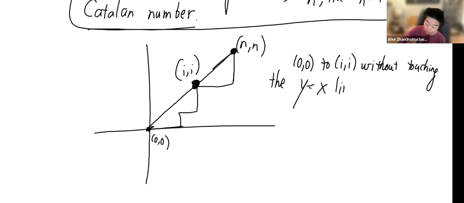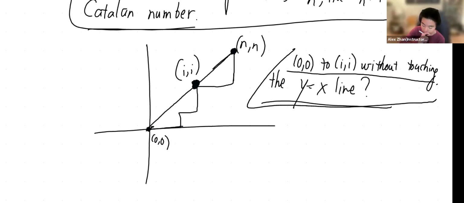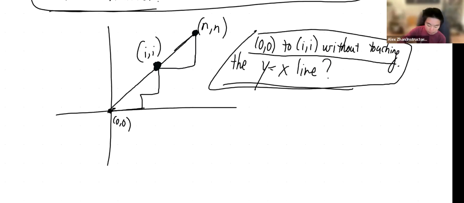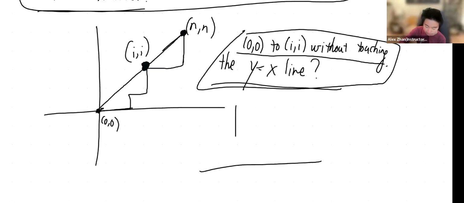Do any of you have any ideas on what this value is?